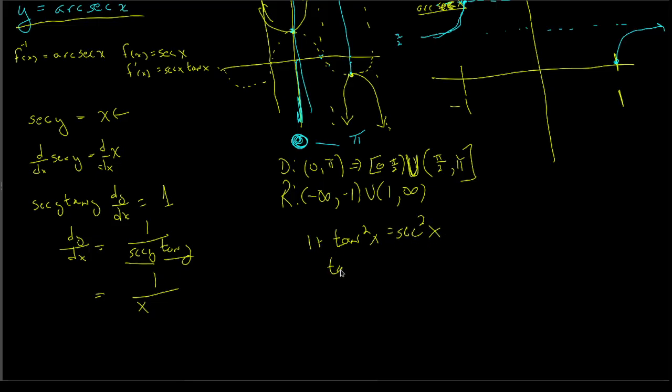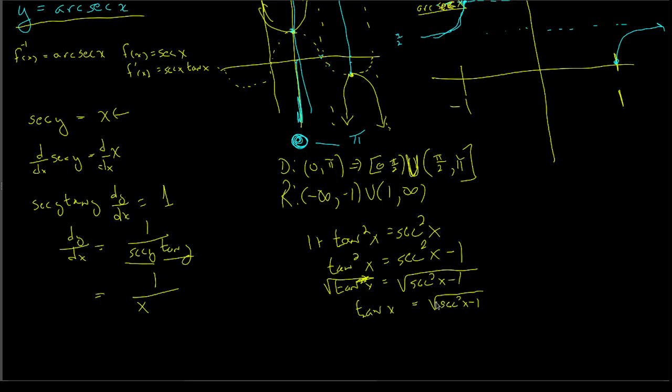Solving for tangent, tangent squared x equals secant squared x minus 1. So, I'm sorry, the square root of tangent squared of x is the square root of secant squared of x minus 1. So tangent x equals the square root of secant squared x minus 1.